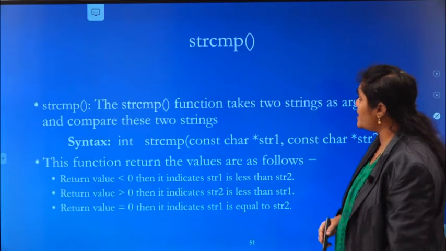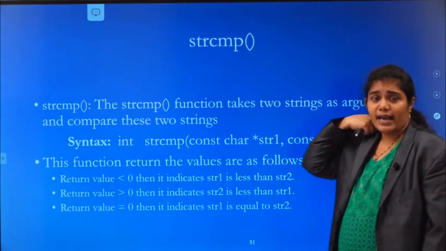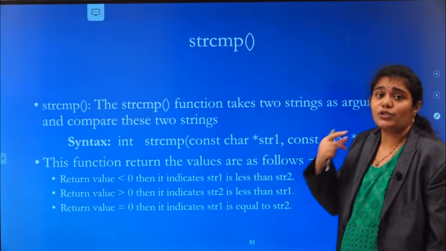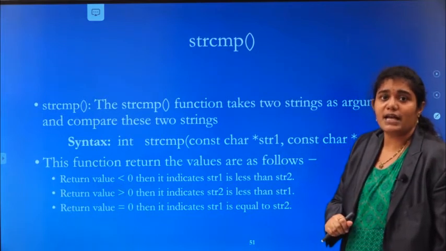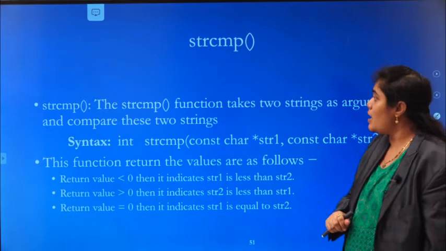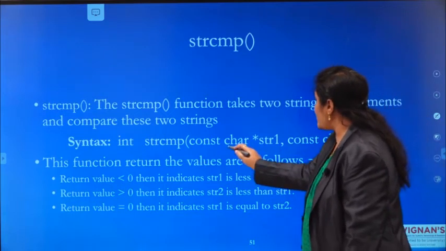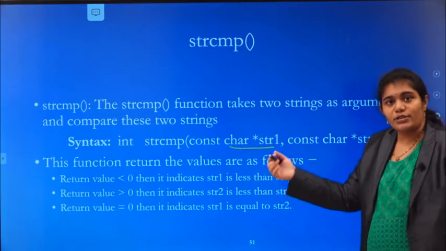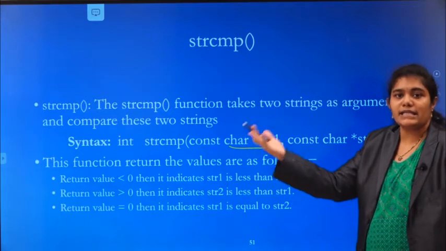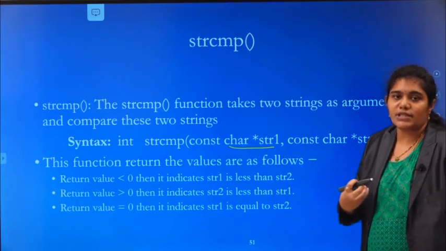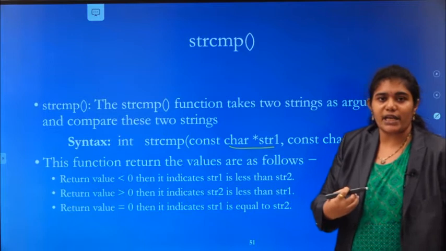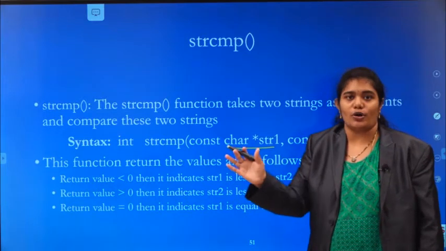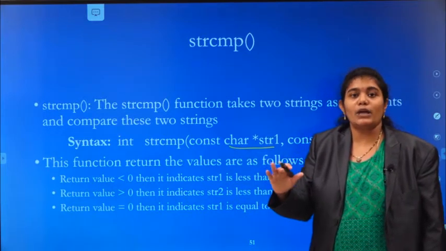And the next function is strcmp. strcmp is used to compare 2 strings. Here we are not going to do any modifications on any strings. We are taking 2 strings as an input and checking whether the 2 strings are equal or not.